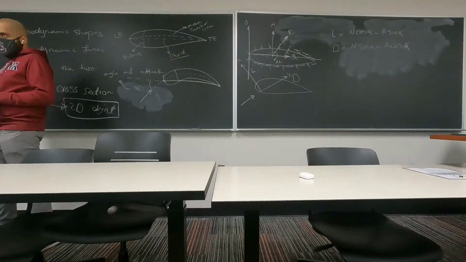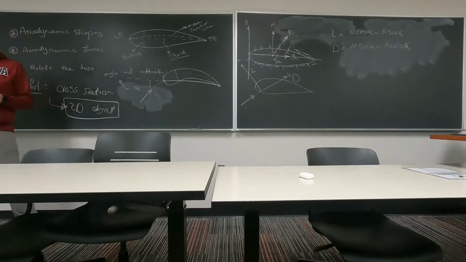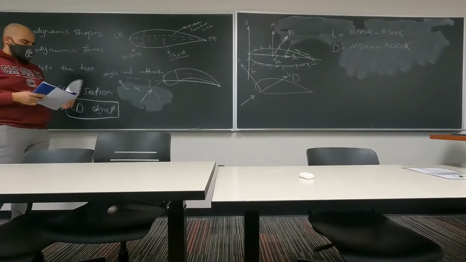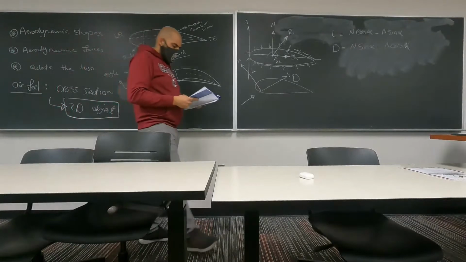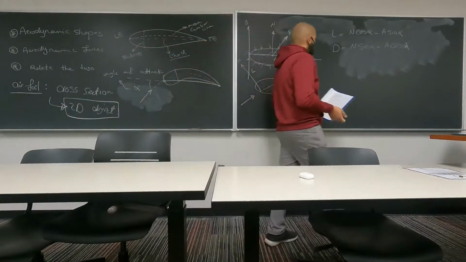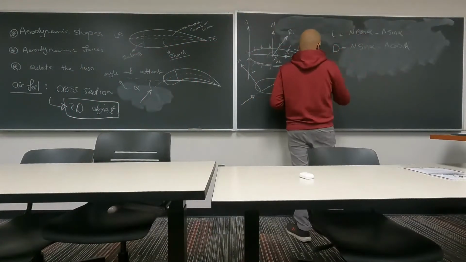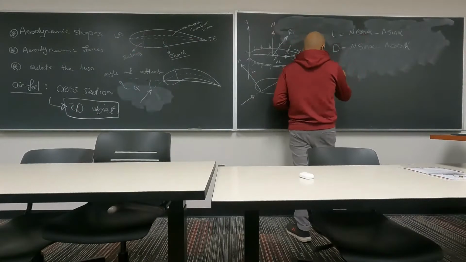Okay. Are there any questions so far? These are just repetitions of what we have seen before, just a reminder to refresh your memories. And then we're going to move on to the force coefficients based on this.